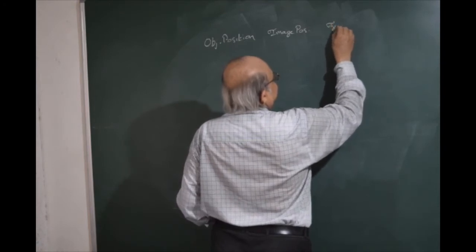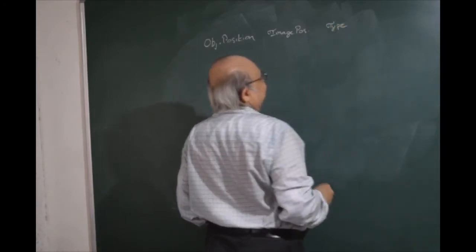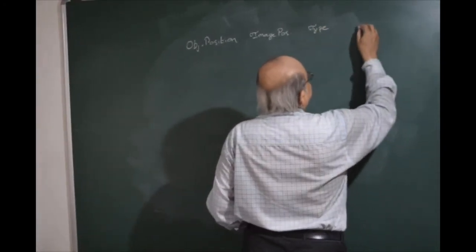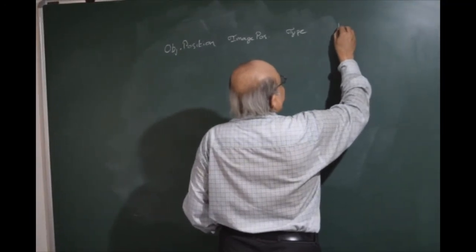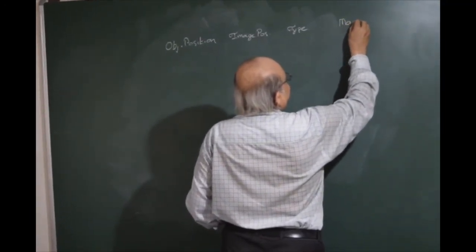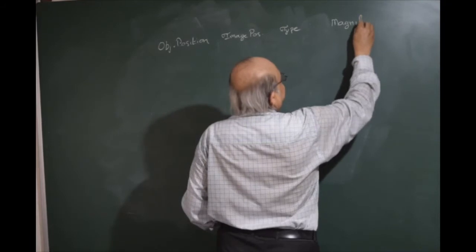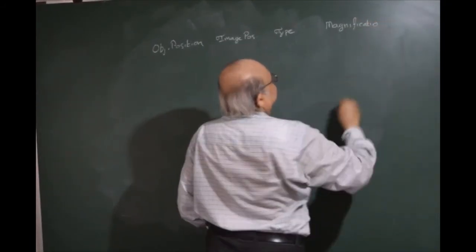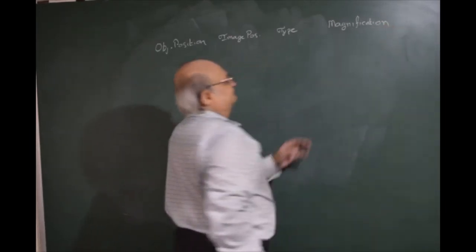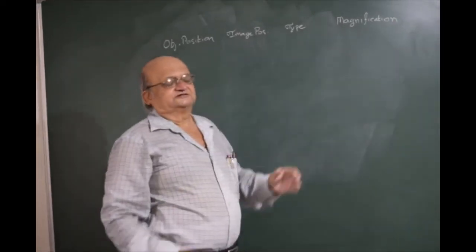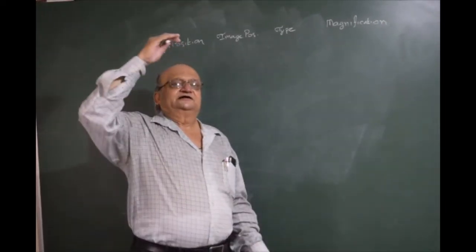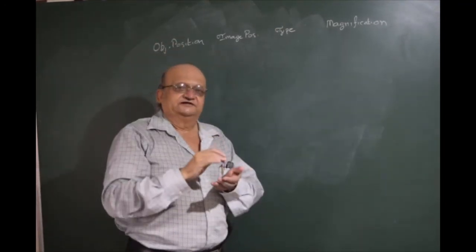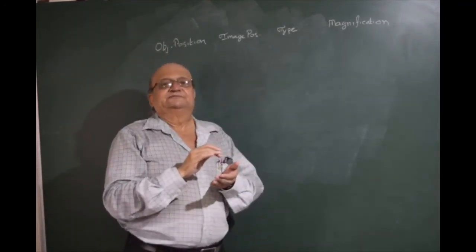type of image, and magnification of image. Remember, when we talk in terms of magnification, it does not only mean it is enlarged, it can even be smaller or diminished.